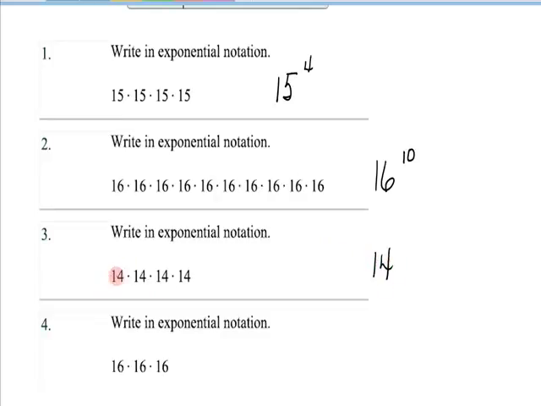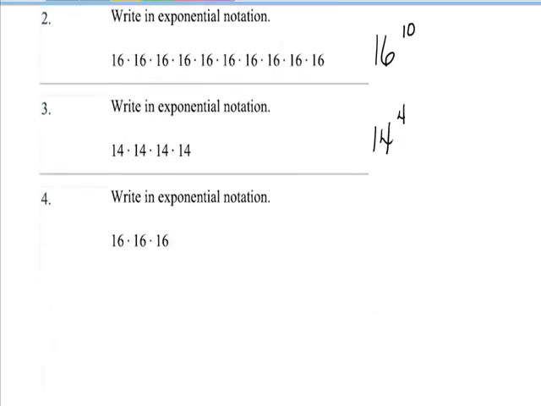What's the power? 1, 2, 3, 4. The exponent or the power is 4. The last one, the base is again 16. There's 1, 2, 3. So the exponent is 3. That would be 16 to the 3rd power, or 16 cubed.